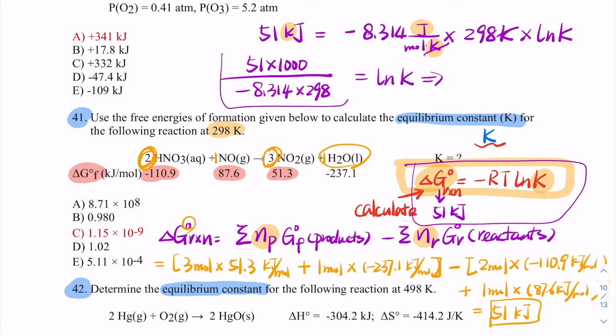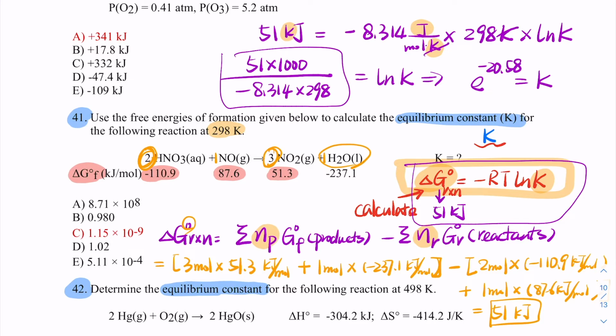So you can get a value over here, then you're just going to do e to the power to calculate K. Let me just get a value for you. You're going to use 51 divided by 8.314, then divided by 298, and this value turns out to be negative 20.58.